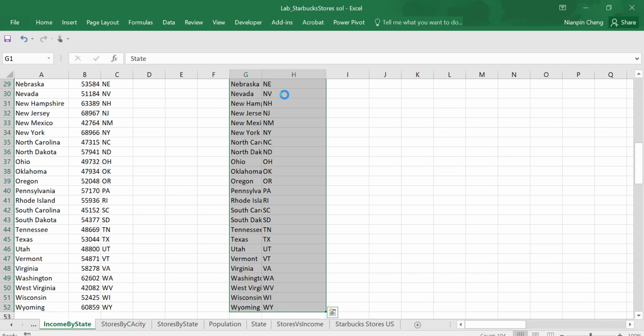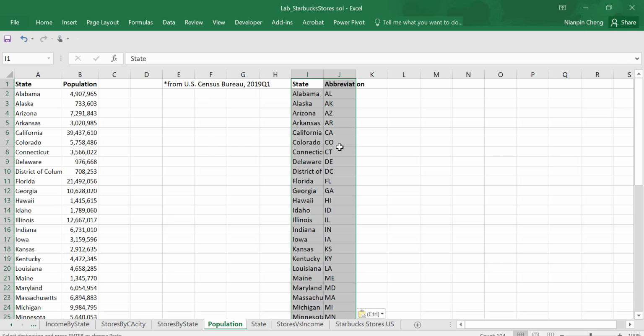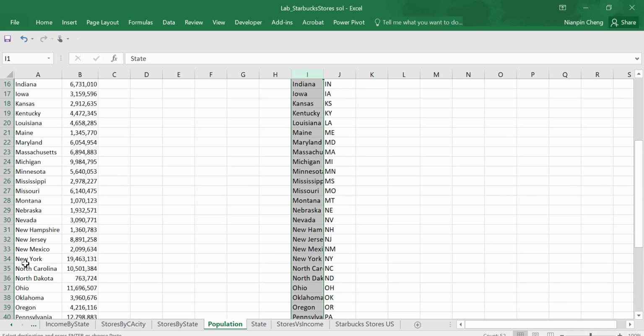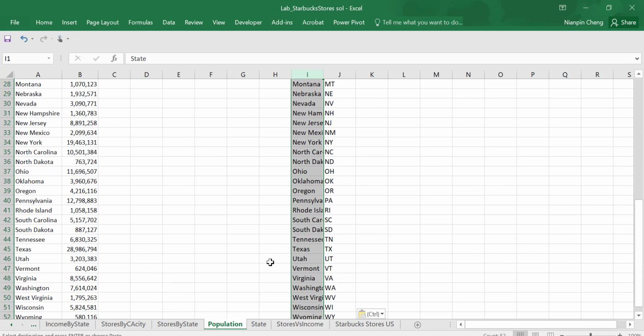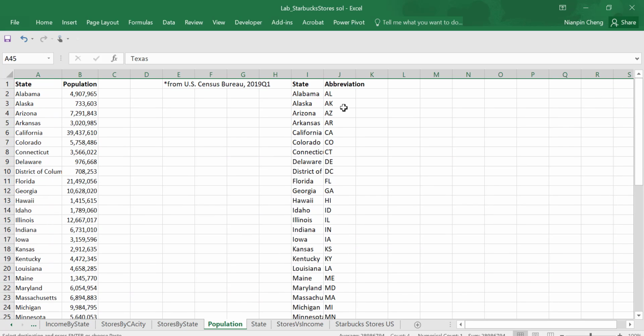So we copy, paste to the population. Since it's already sorted by the state name, it should be the same. So just double check, make sure. Yeah, it's good. So we can have this one, have a population.